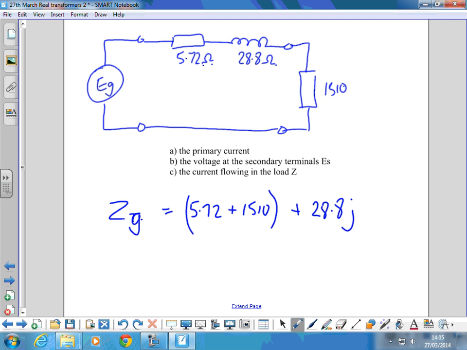What form would we prefer that to be in, considering that we're going to find I, which is effectively EG over ZG? So we'd prefer that in polar form. So let's have this in polar form.